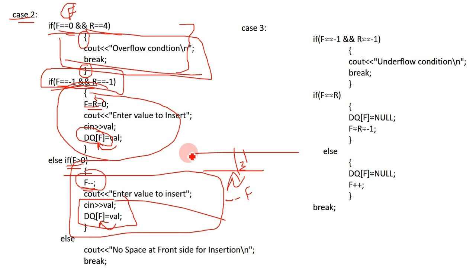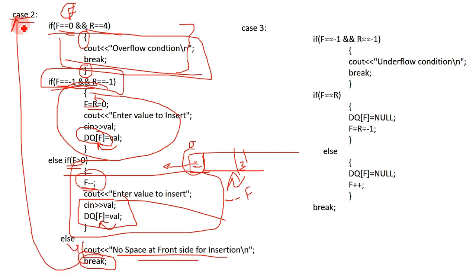If the front is not greater than 0, it means a value exists at the front side and there is no space available, so you cannot do insertion from this end. And put the break statement. This is the last statement. This break is not dependent on this else; this break is the case 2 break.